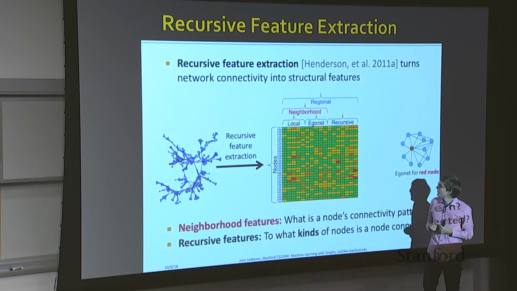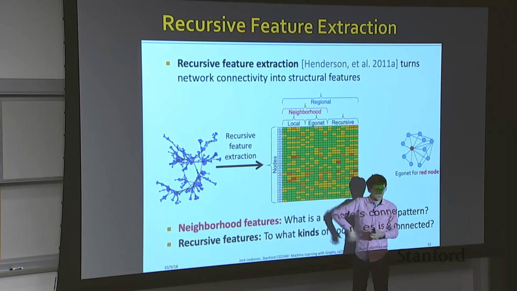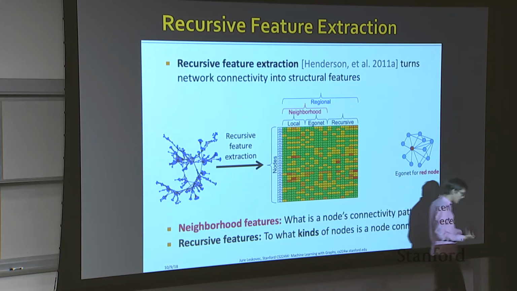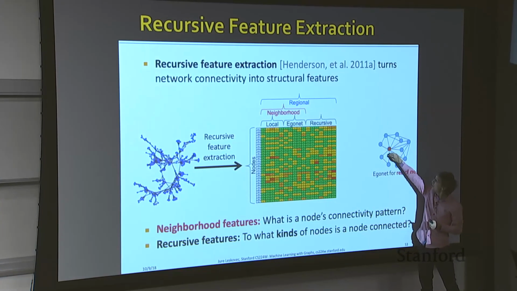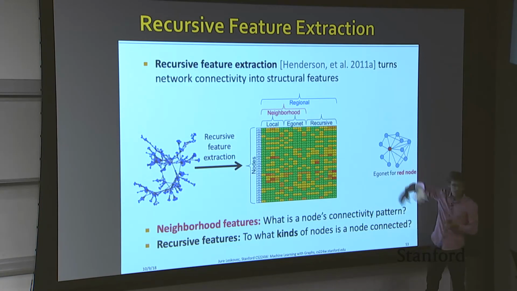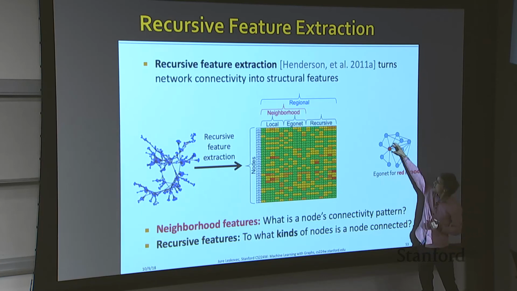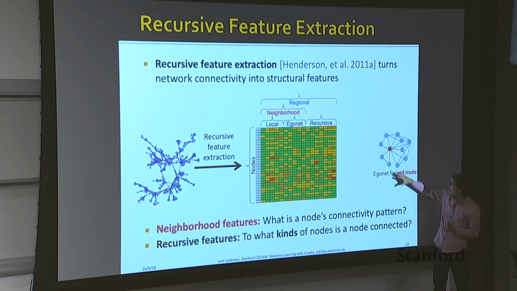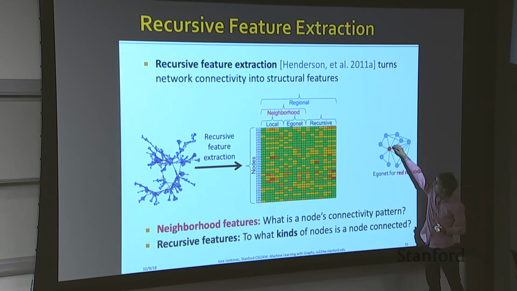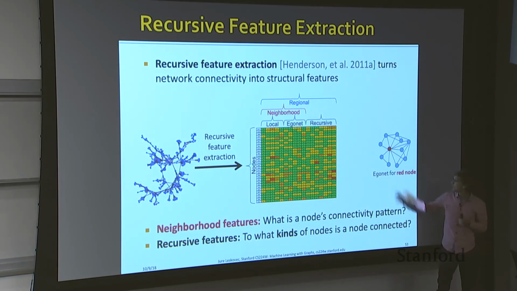One thing I want to define here is the notion of the ego network, or ego net. An ego network is simply, if you have a node, a network composed of the node, its neighbors, and the edges between them. In social sciences, the center node is called the ego, and the ego network consists of the edges between the node and all of its neighbors, and also the connections between them.